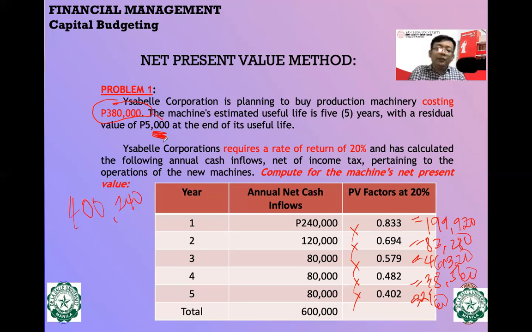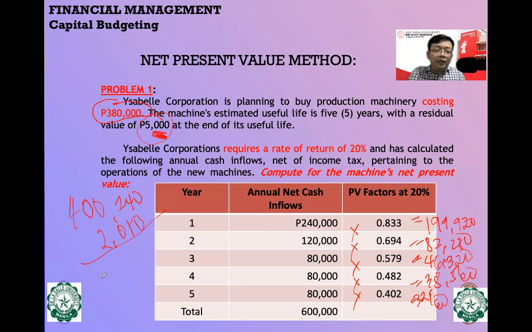Ito, nakalimutan. Diba? 5,000 times 0.402. Salvage value mo ay 2,010. Magkano yung cash flow mo? Plus 400,240.